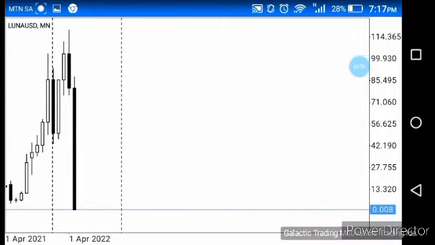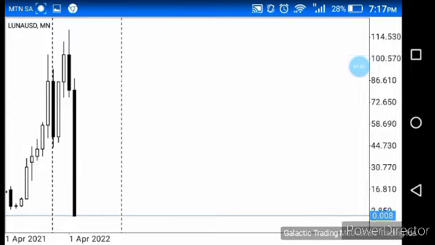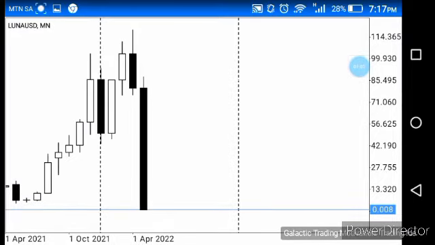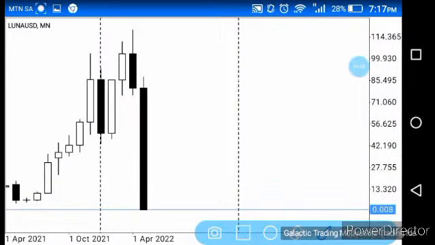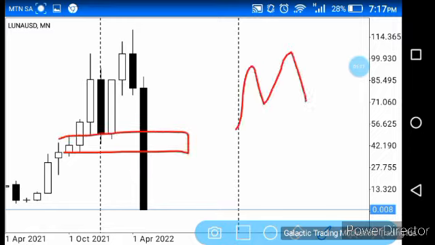So let's have a look. What else can we tell by looking at this chart that is of value? There's not much, but what I'm gonna do right now is just add a neckline, as I usually say that once price has created an information, what we'd like to see after the neckline has been broken is price coming back to the neckline to retest it and then going down.